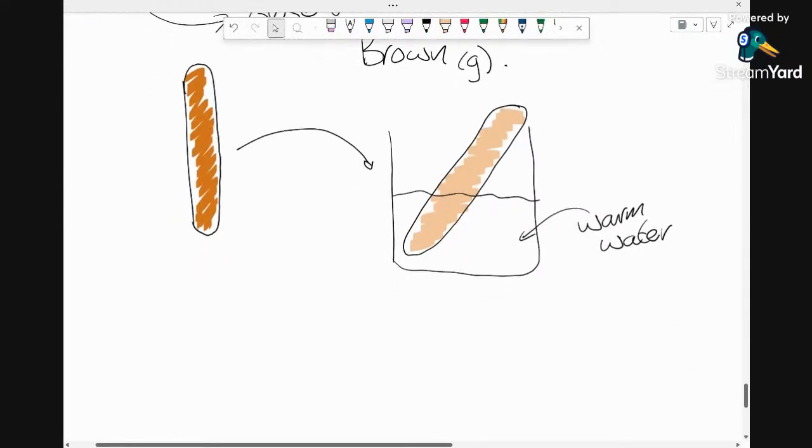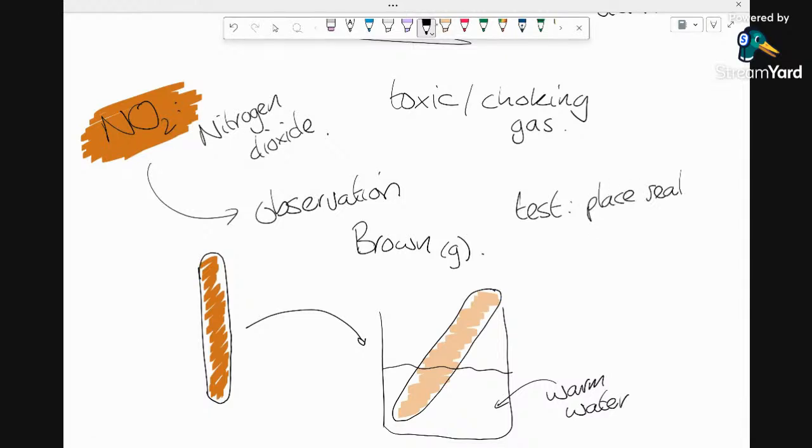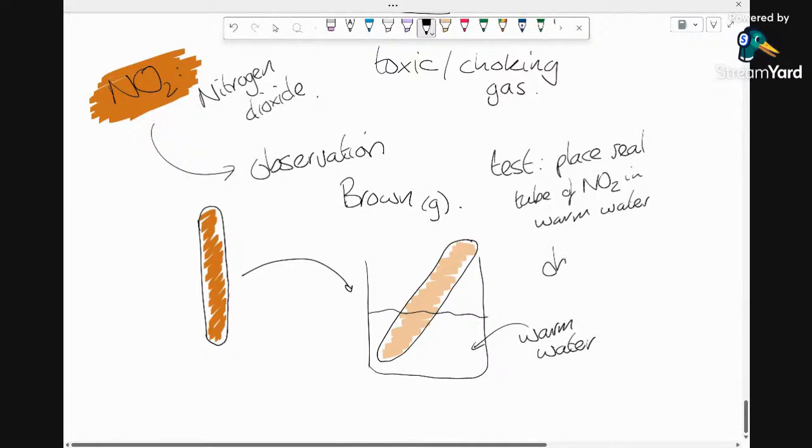So here's what's happening. The test is: place a sealed tube of NO2 gas in warm water. Observation: it becomes paler.